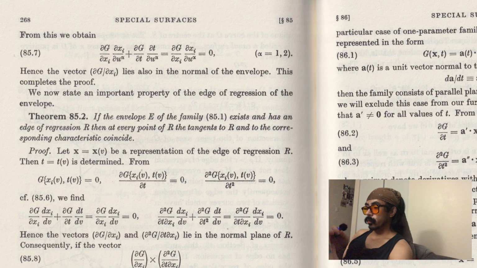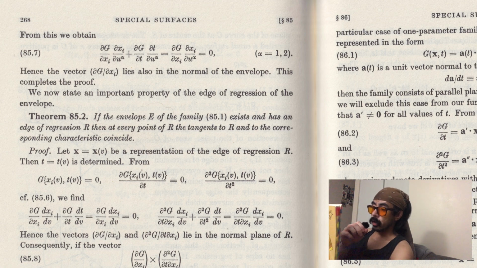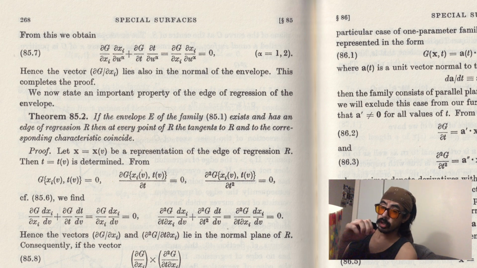From this, we obtain that partial g partial xi times partial xi partial u alpha plus partial g partial t times partial t partial u alpha equals partial g partial xi times partial xi partial u alpha, which equals 0, where alpha is equal to 1 or 2. Hence, the vector partial g partial xi lies also in the normal of the envelope. This completes the proof. We now state an important property of the edge of regression of the envelope.